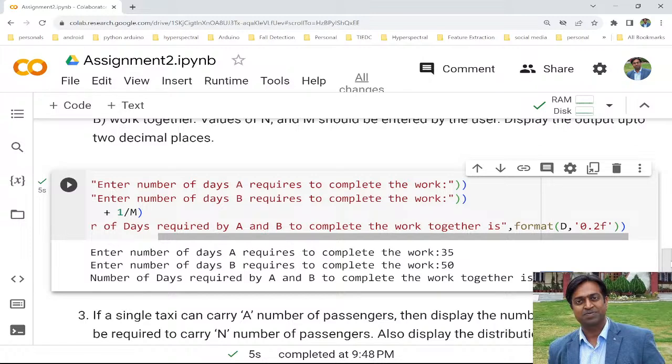It may be of mathematics, physics, electronics, mechanical, or any domain. We can reflect our knowledge in programming form so that the computer can do the same work which we can do manually, right? Mathematically we can get how many days A and B will require to complete the work together. So if it is mathematically possible, the same formula can be put in a Python statement, right?